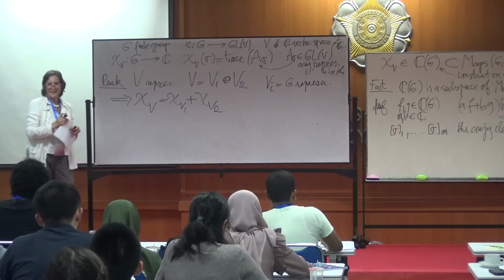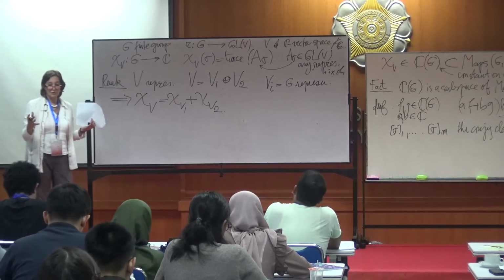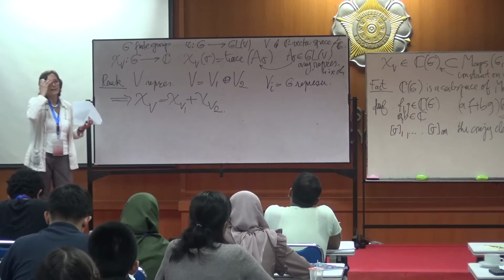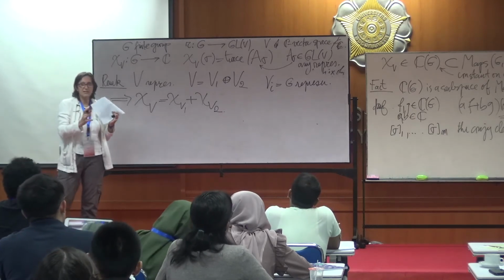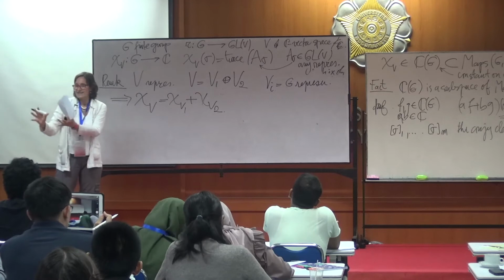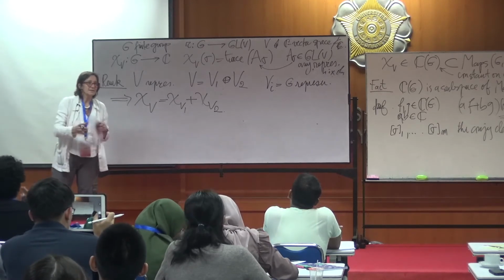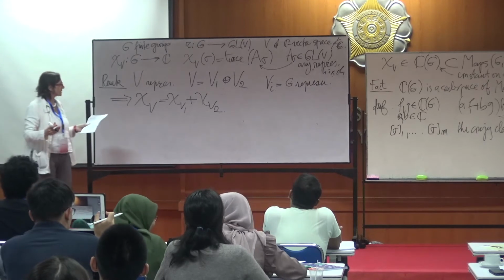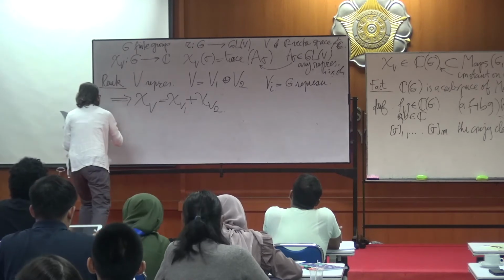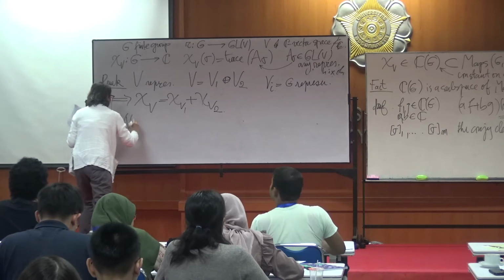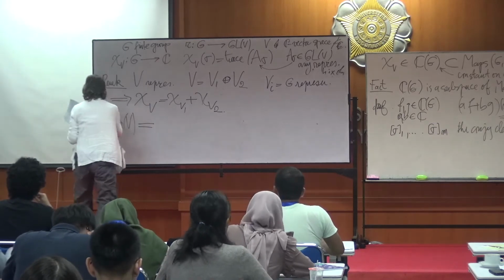Why is this? Well, if we have the vector space V, we can always choose a basis of V which consists of a basis of V1 and a basis of V2, two disjoint sets.